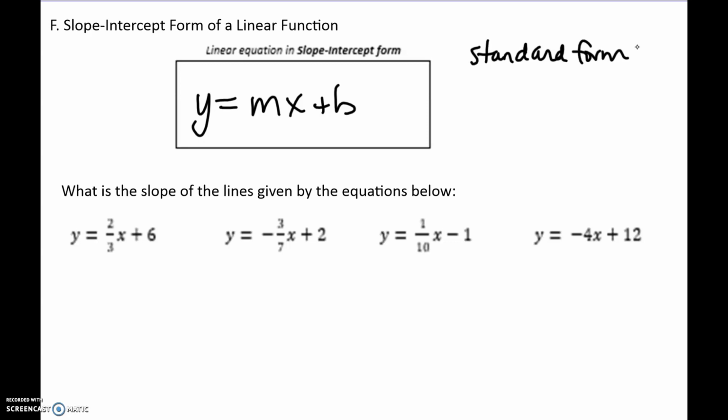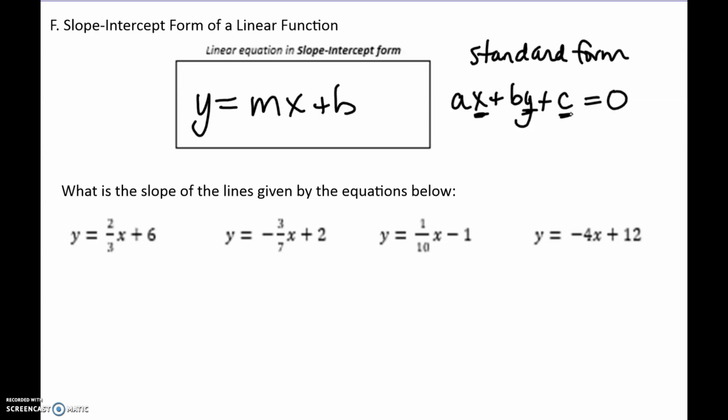So standard form in this case would be, we usually say, ax plus by plus c equals 0. Of course the x and the y are the variables, and a, b, and c are just the numbers, the coefficients in front of the variables, and the constant term with no variable.